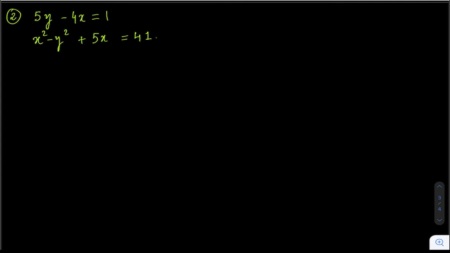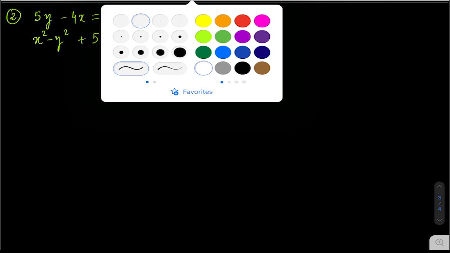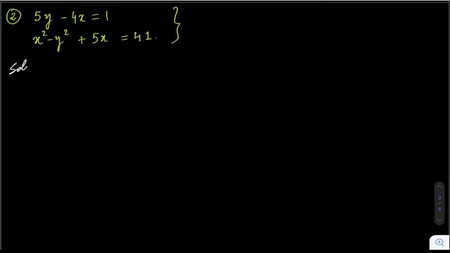Okay, so what we will do is we will substitute. Again, we will do the same thing. We will find the value of x or y from any one equation. Generally, we find it from the linear equation because it's easy to find the x or y value from the linear equation. So from the first equation, I will find x or y and then substitute in the second.